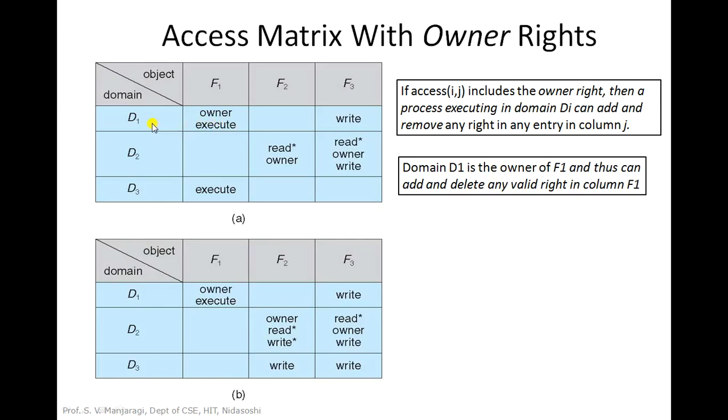So domain D1 is acting as the owner of file F1. This owner can execute file F1, and it can also add and delete any valid access right in column F1. That is, domain D1 can set access rights for these two locations.